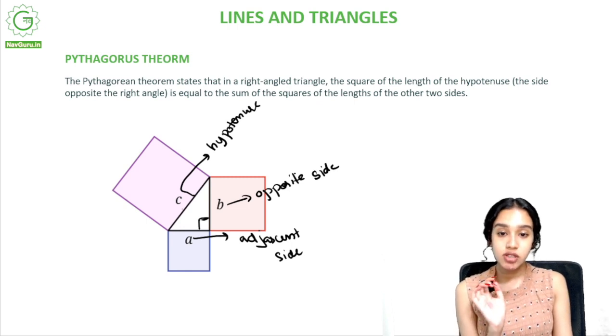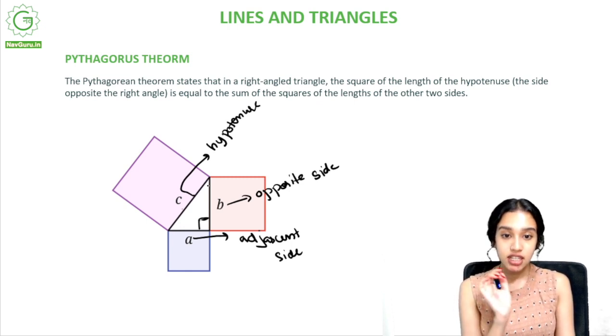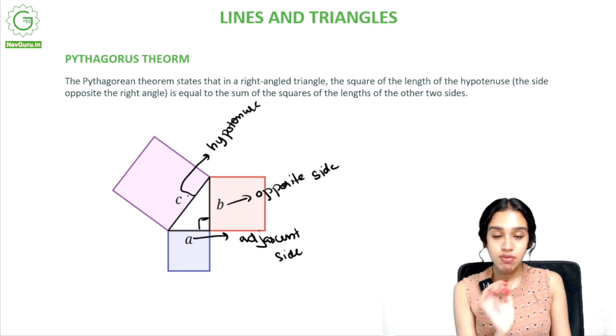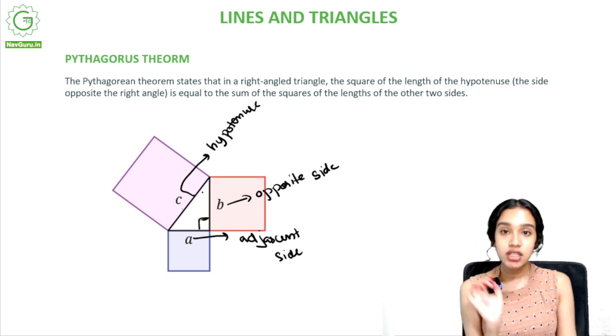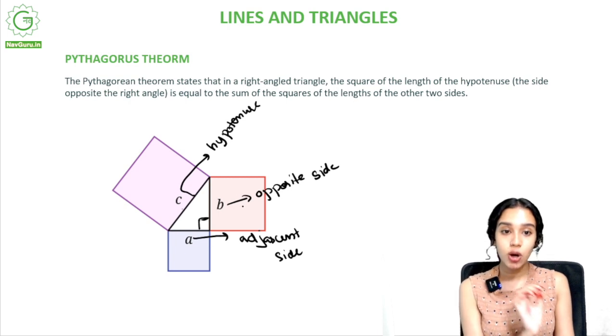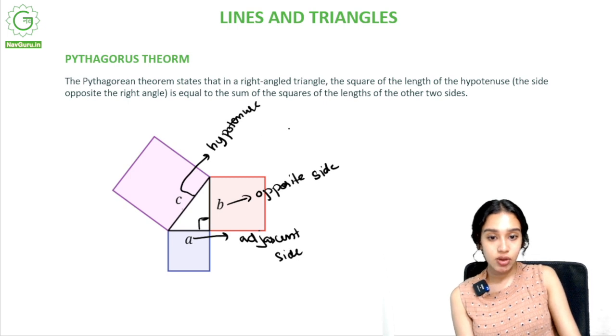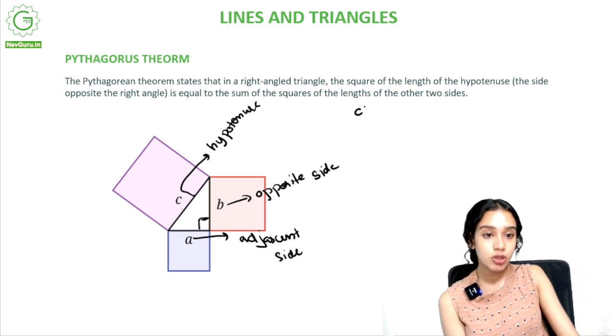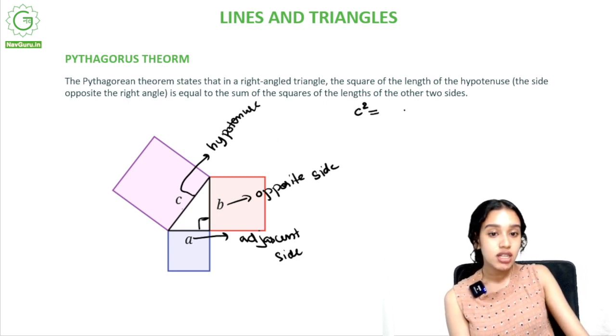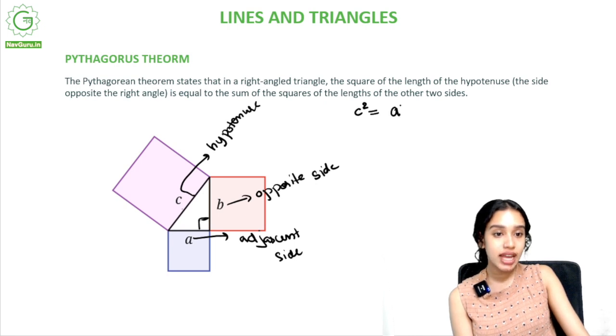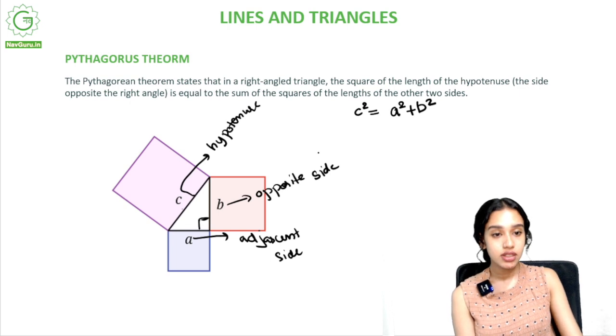Now what does this Pythagoras theorem say? The Pythagoras theorem states that the square of the hypotenuse is equal to the sum of the squares of the adjacent side and the opposite side. So let's say C square, the square of the hypotenuse, is equal to the sum of the squares of the adjacent side and the opposite side, right?